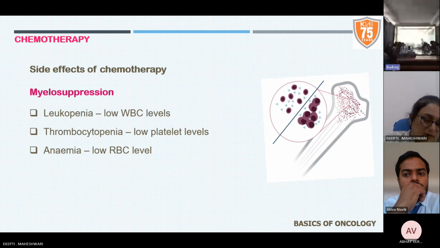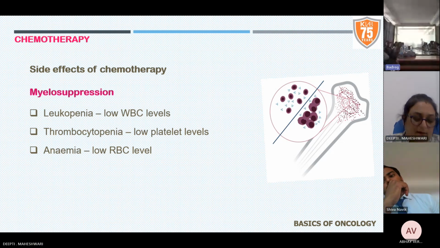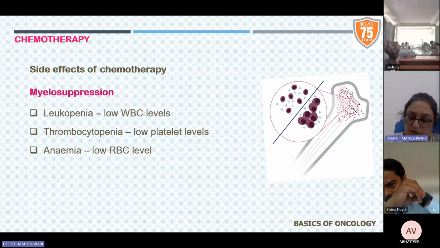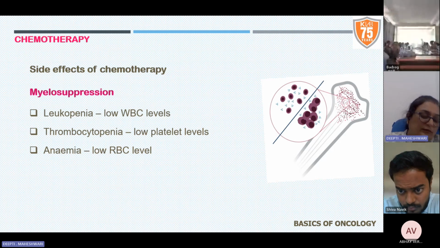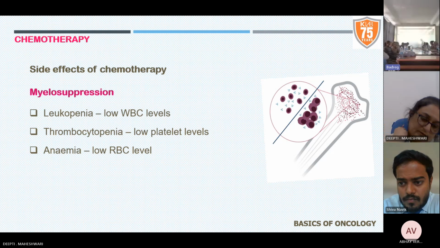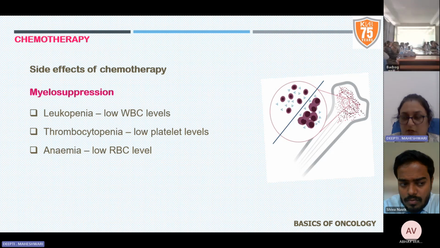Yeah, solid tumors will be treated by medical oncologists. But medical oncologists will treat with the help of surgical oncologists, radio-oncologists. What was my question?